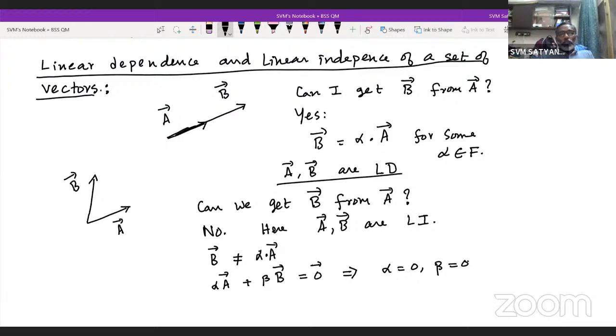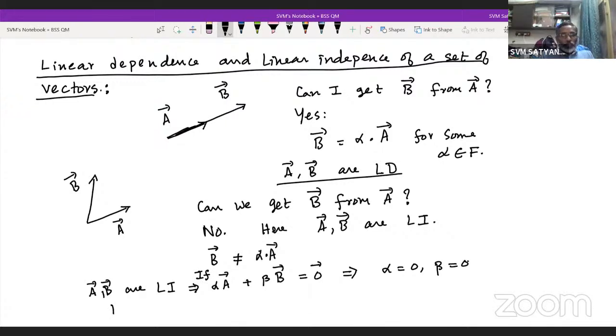Suppose alpha is not equal to 0. So how do you prove this? What I'm trying to say is: two vectors A, B are linearly independent implies if alpha A plus beta B equal to 0, then alpha equal to 0 and beta equal to 0.